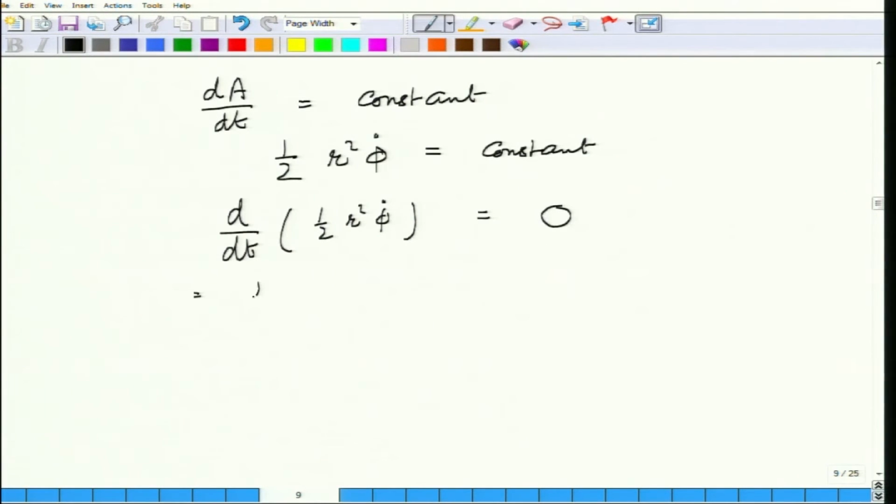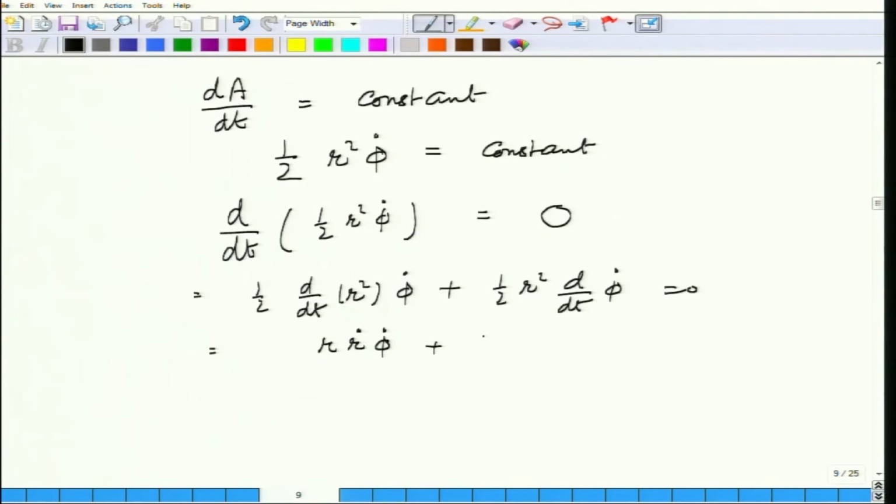It's going to be 1/2 d/dt of r square phi dot plus 1/2 r square d/dt of phi dot, and this is 0, which gives me r r dot phi dot plus 1/2 r square phi double dot is equal to 0.